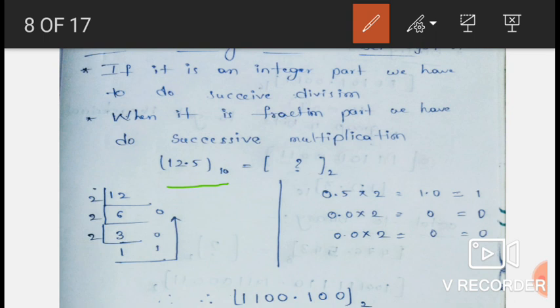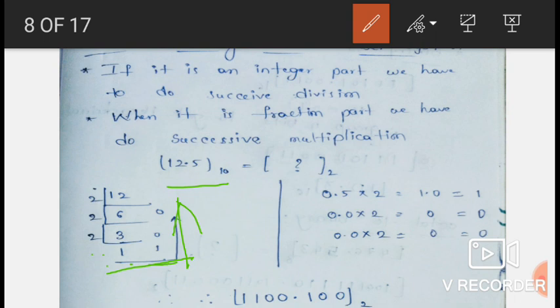As I want to convert it into base 2, I have to divide 12 by 2. If I divide 12 by 2, I get 6, remainder 0. Again I divide 6 by 2, I get 3 and remainder 0. And I divide 3 by 2, I get 1 and remainder 1. And I have to write this information from bottom to top.